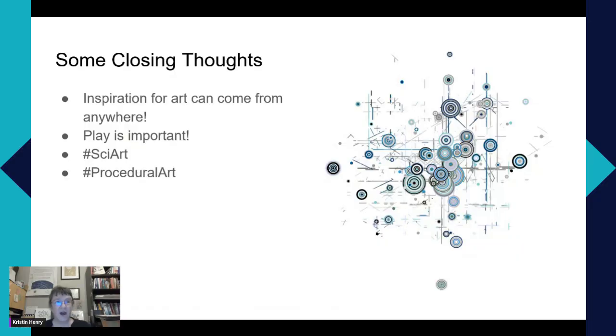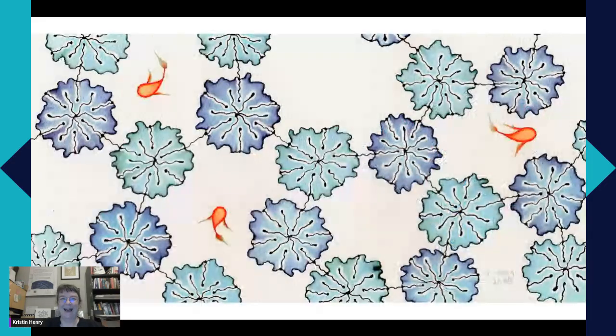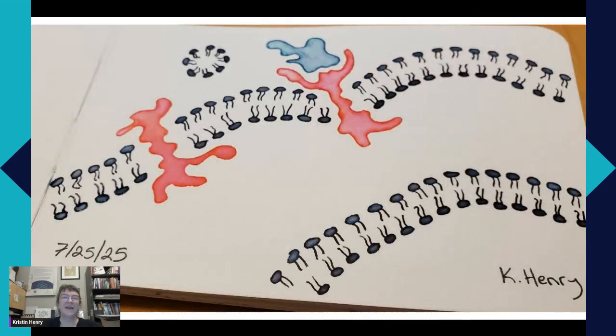So, some closing thoughts. I have a feeling I raced through this talk, but the most important thing I want to get across is that inspiration for art can come from anywhere. You know what I completely forgot to mention, I'm gonna back up. This piece looks a lot like my old notes.